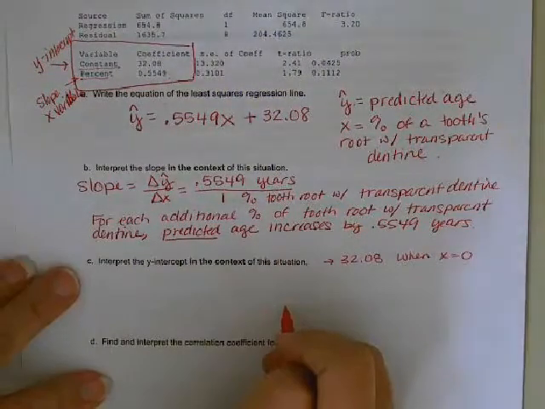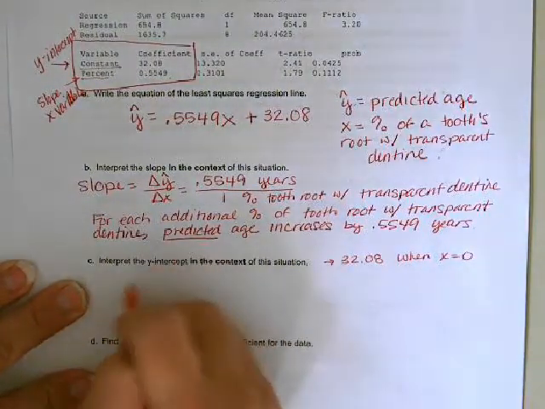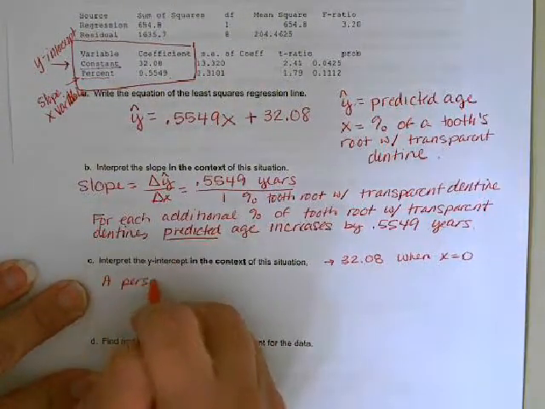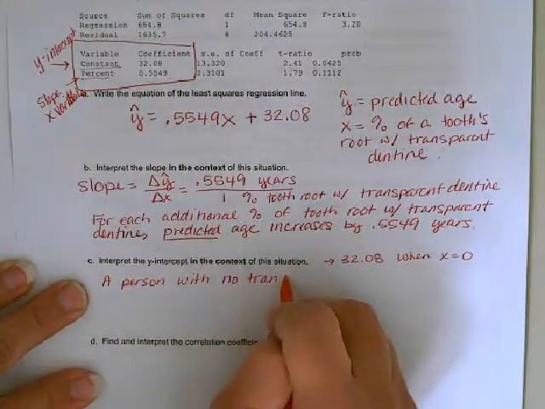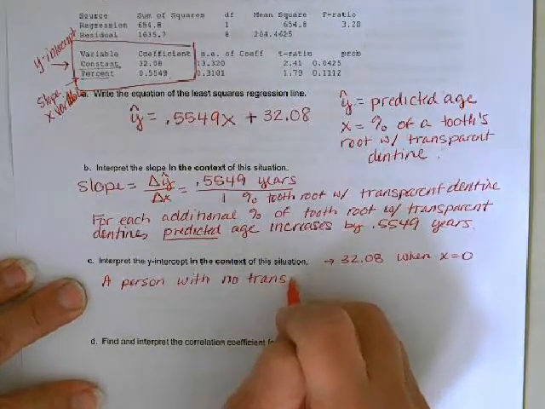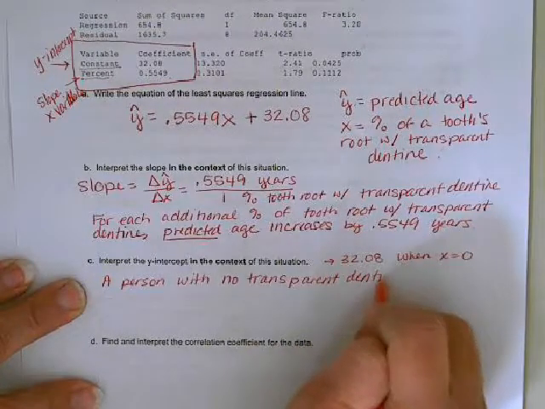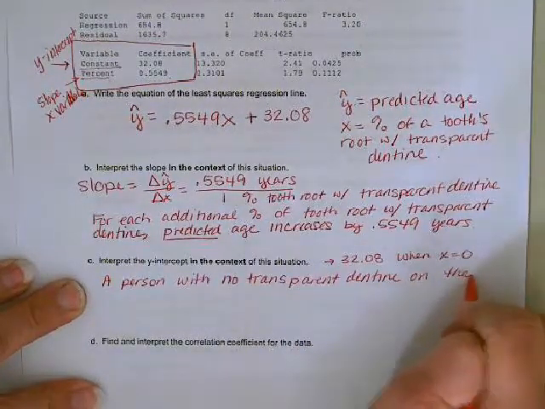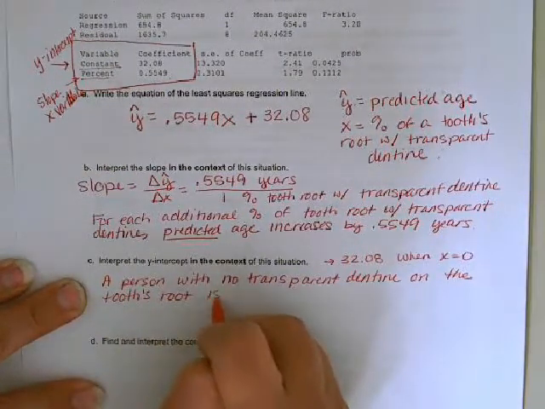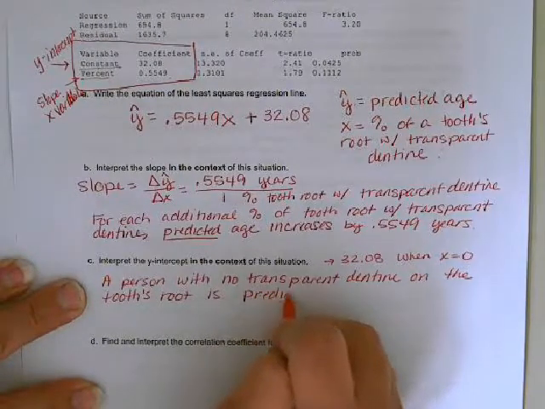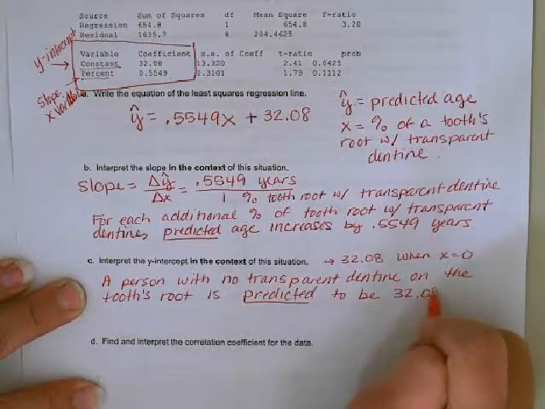So in this context, we would say that a person with no transparent dentine on the tooth's root is predicted to be 32.08 years old.